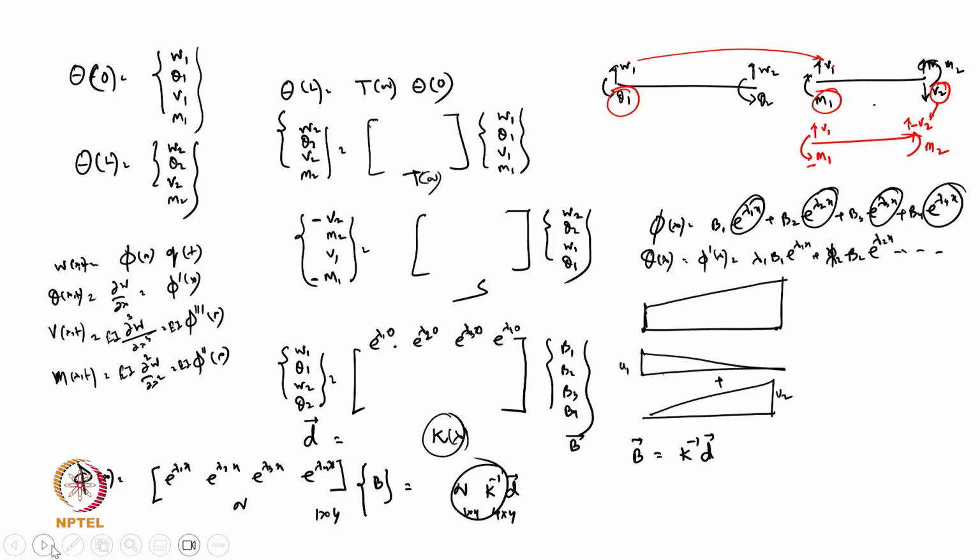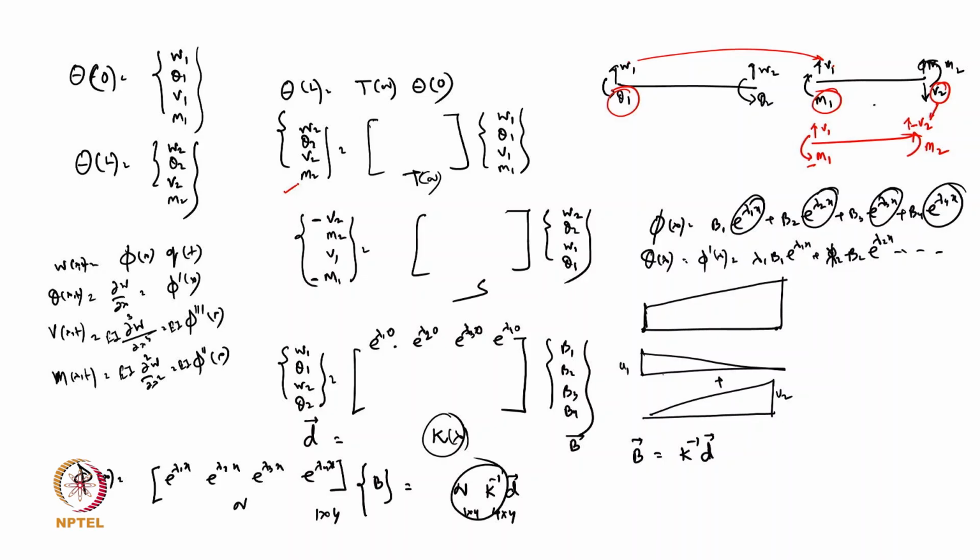Then we started introducing that by altering the position of the state vectors, how we can get the spectral element matrix. And we also introduced the difference between the spectral element and finite element formulation.